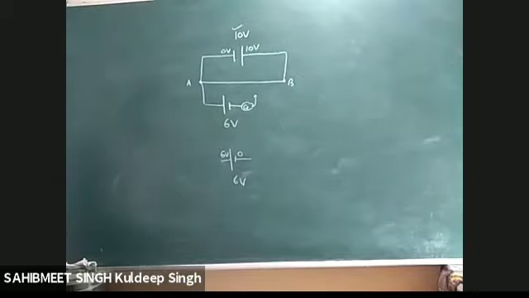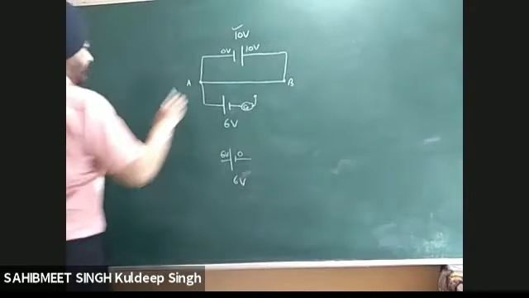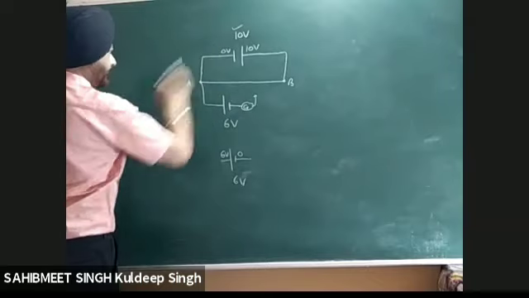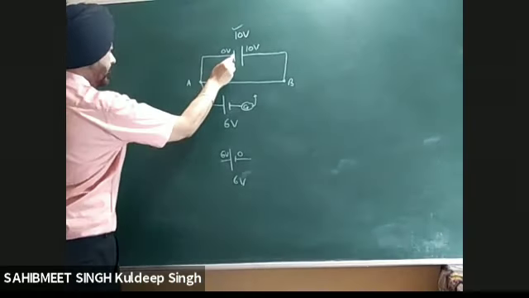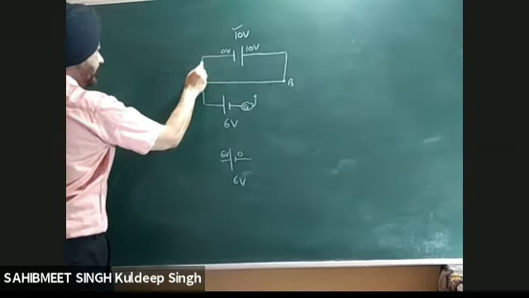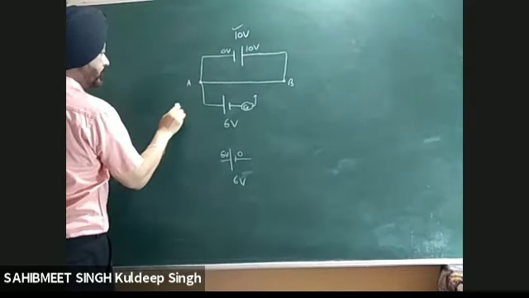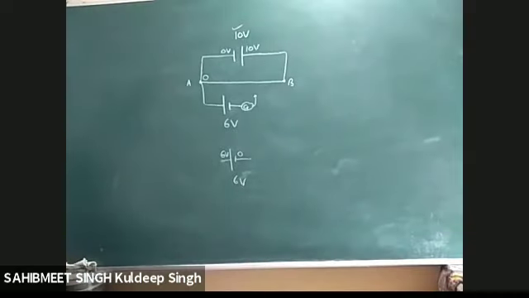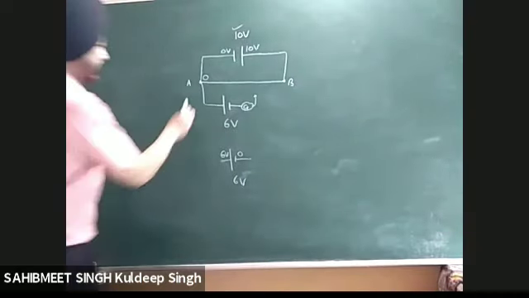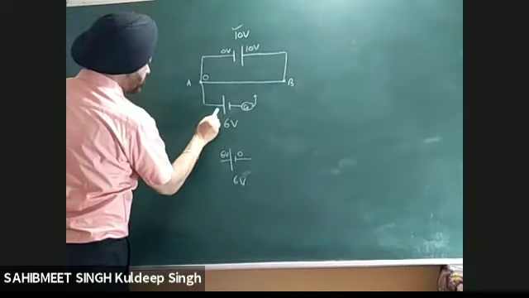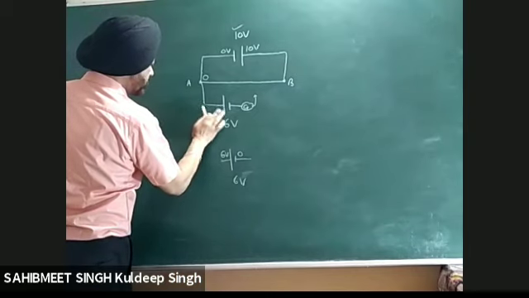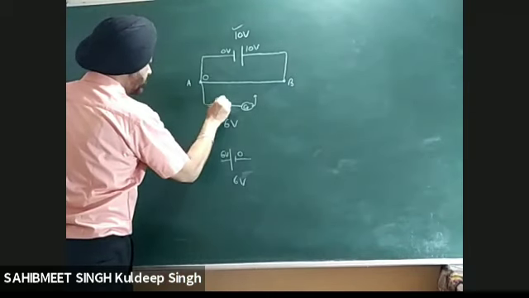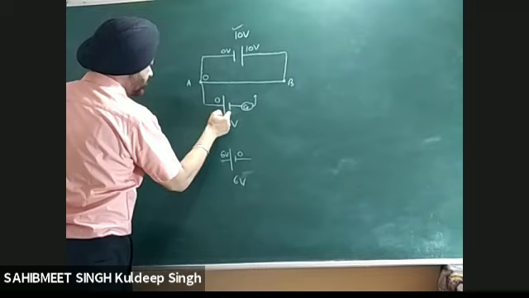Now, if I give importance to this cell, then this 0 will come here and then come to this point. So point A is at 0 volt. As a result, this 0 also goes to this point. So the positive terminal of the secondary cell is at 0 volt.